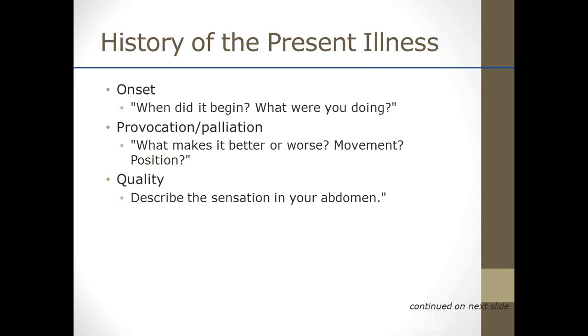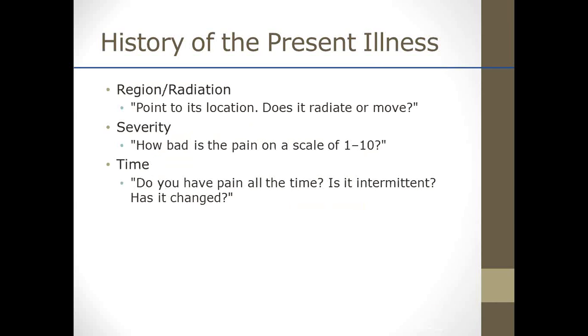But if you told them, describe to me this pain, and they said, it felt like something tore, that's an entirely different scenario, and you want to know that. So just ask them to give you words. Don't put words in their head. See if they can point to the location. So in that region, or radiation: where is it, and does it go anyplace else?